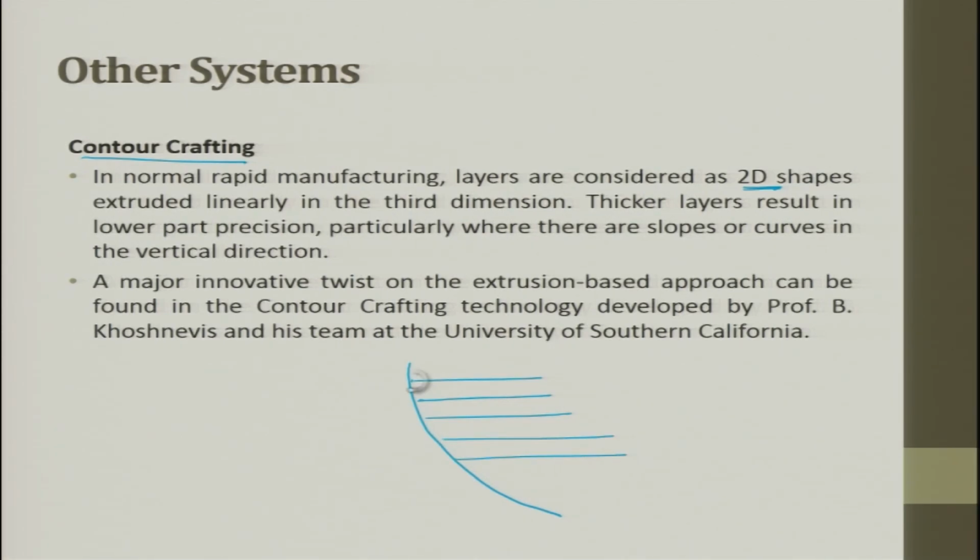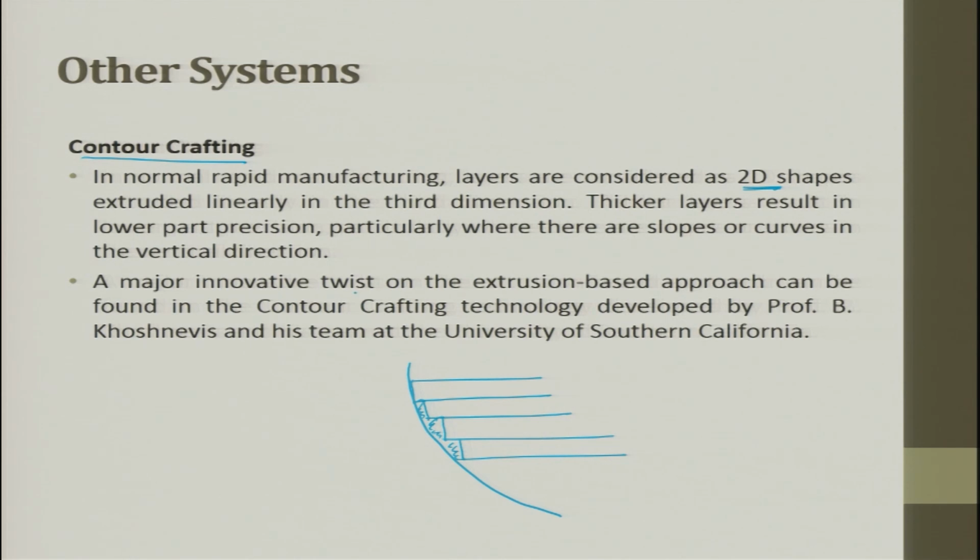So, you look at it. This is what they talk about as the error. The thicker layer results in lower part precision because there is a huge error resulting where the slopes or curves are in vertical direction.